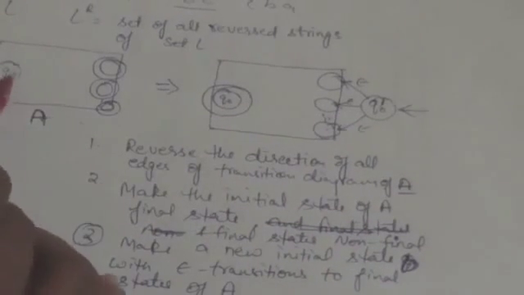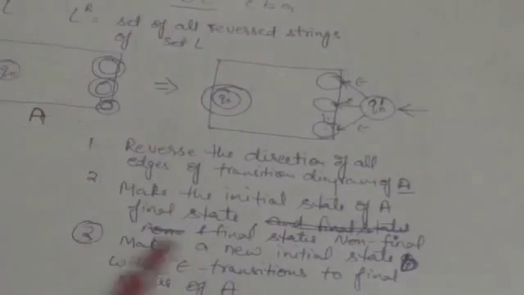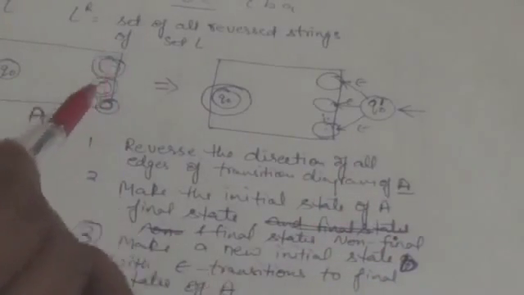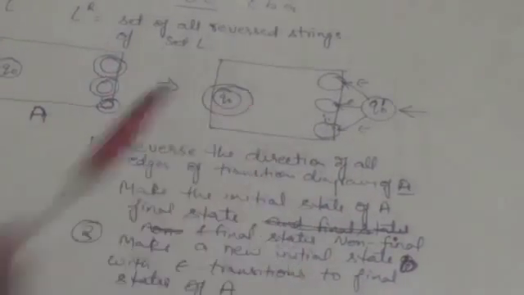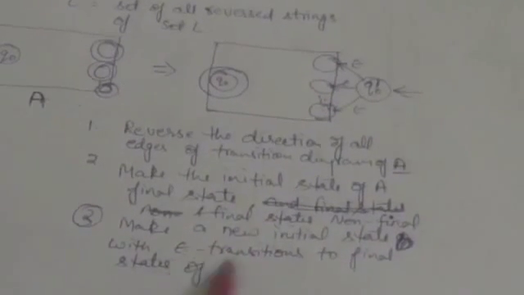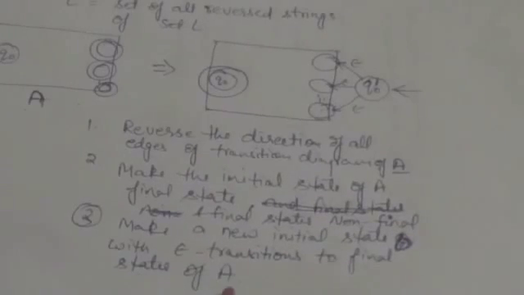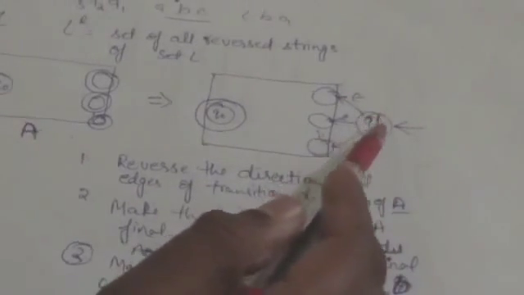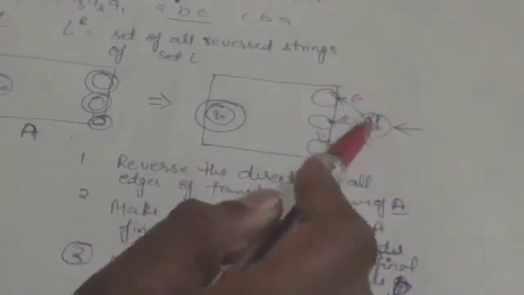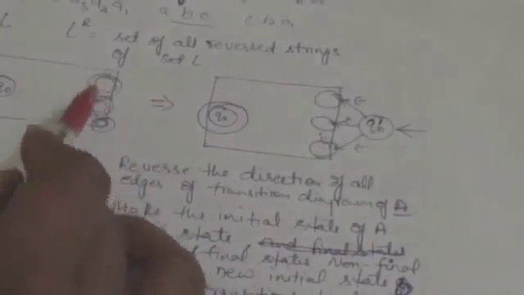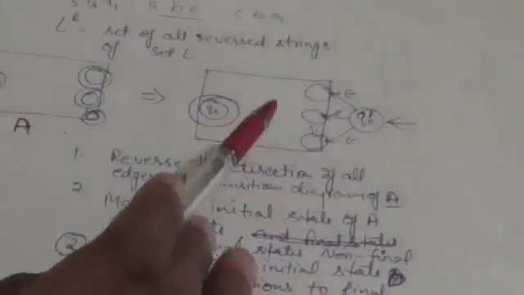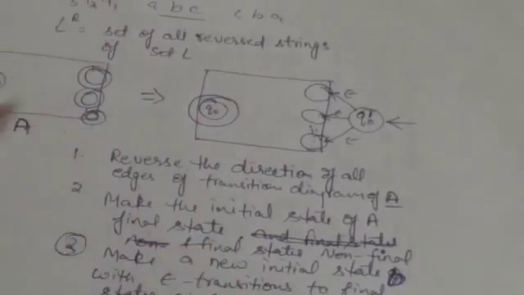Here Q0 is the initial state, we have made it a final state, and the final states of A we have made non-final. Now make a new initial state with empty transitions to the final states of A. Here we have made a new initial state Q0 dash, and there are empty transitions from this state to the final states of finite automata A, which accepts the language L. Now this will accept the language LR.